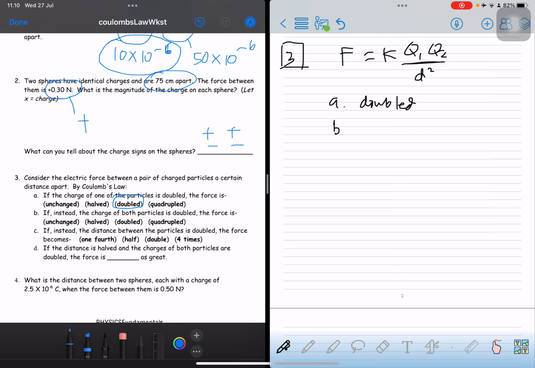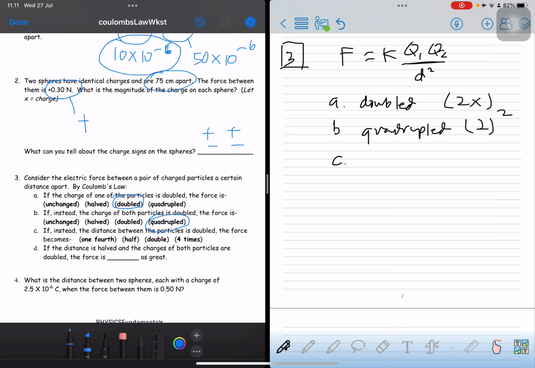B: if instead the charge of both particles is doubled, the force is doubled and doubled, so 4 times, quadrupled. This is 2 times 2, or 2 squared.